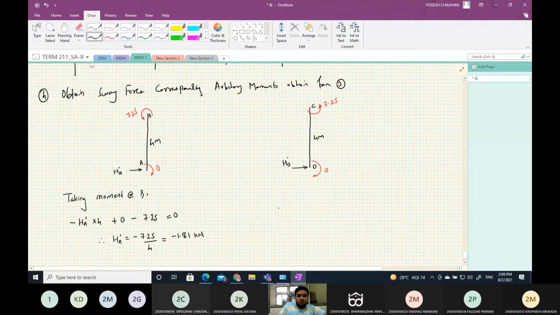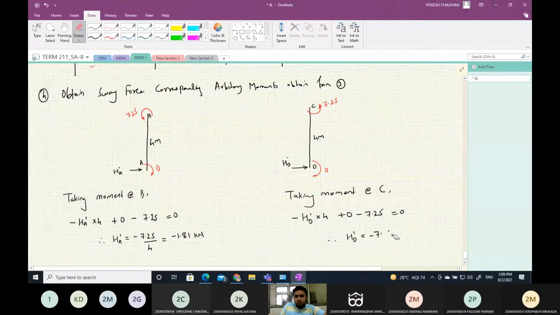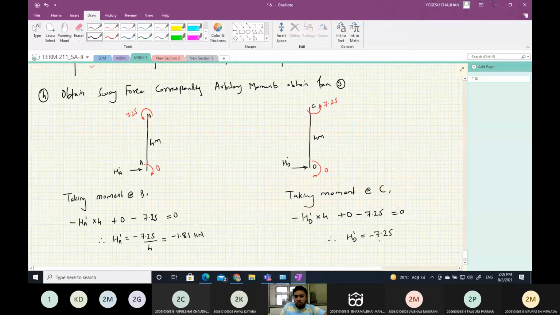So taking moment at C, HB dash into 4, anti-clockwise so negative, plus 0 minus 7.25, equal to 0. So you will get HB dash equals minus 7.25 by 4, which is minus 1.81 kilonewton.